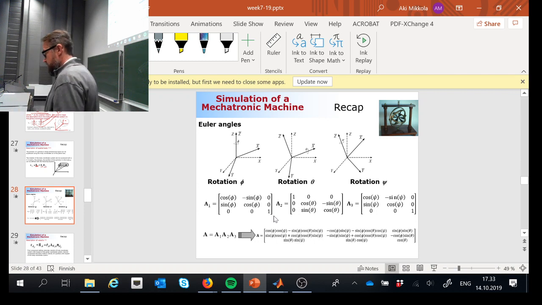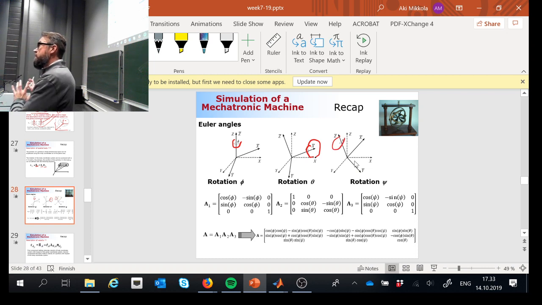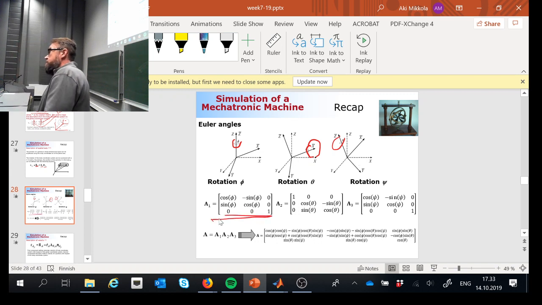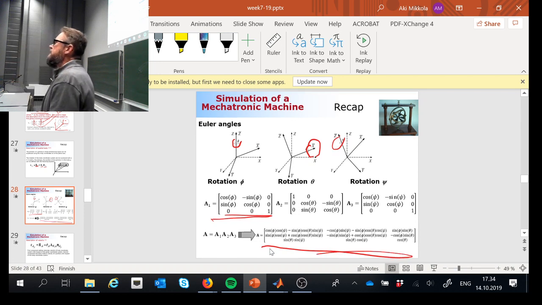These successive rotations take place first around the z-axis, then the x-axis, not the other way around, and then the z-axis. So it's a 3-1-3 rotation sequence. You can describe each one of these rotations by using a 3x3 rotation matrix, and when you multiply them together, you get this 3x3 rotation matrix as it is written here.